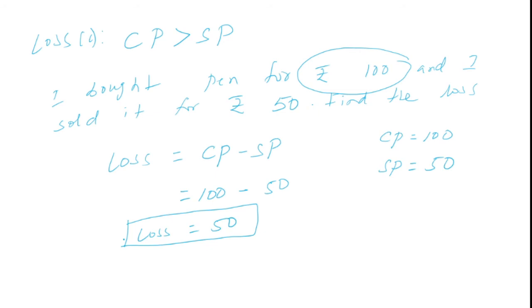If I do business in loss, I won't be able to continue, because money will not be sufficient to continue the business. So every person who wants to do business, the main aim is to get profit, right?